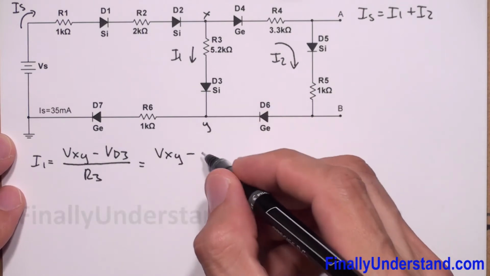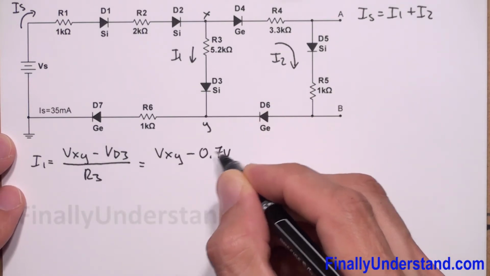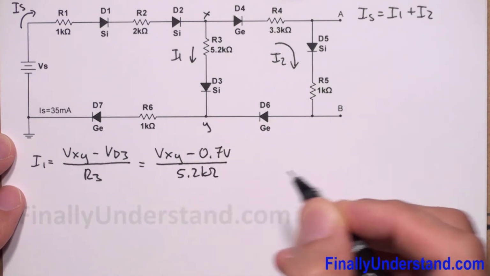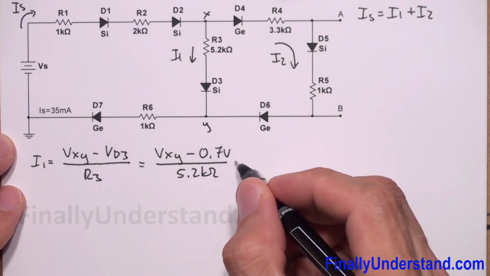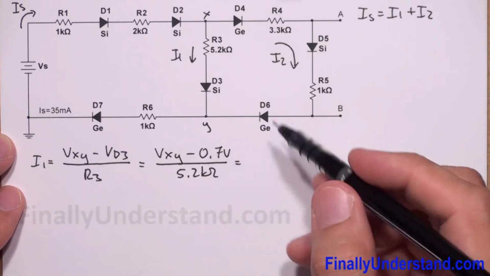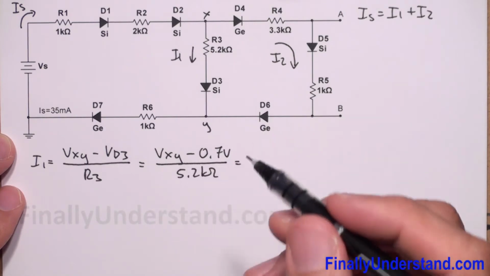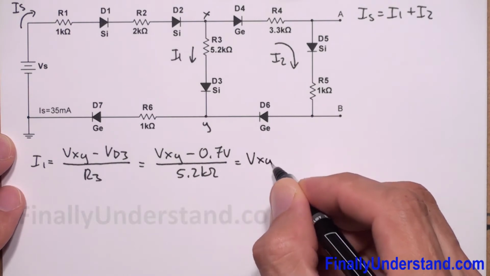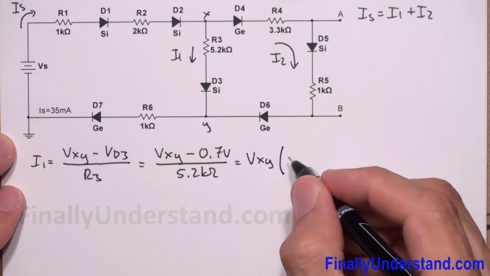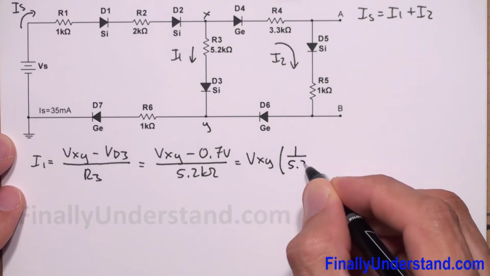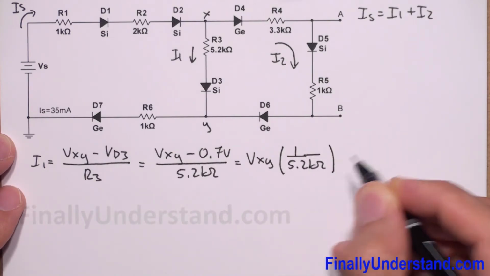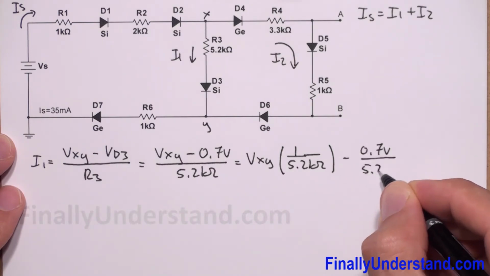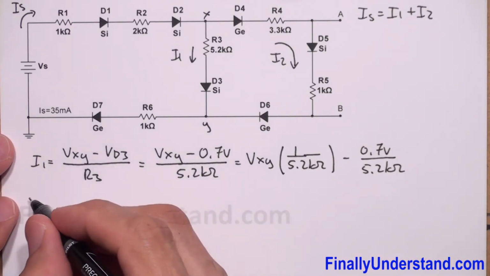This is a silicon diode, so this is minus 0.7 volts, over R3, which is equal to 5.2 kiloohms. I'm going to rewrite this fraction as two fractions: Vxy times 1 over 5.2 kiloohms, minus 0.7 volts over 5.2 kiloohms. So this is my I1.